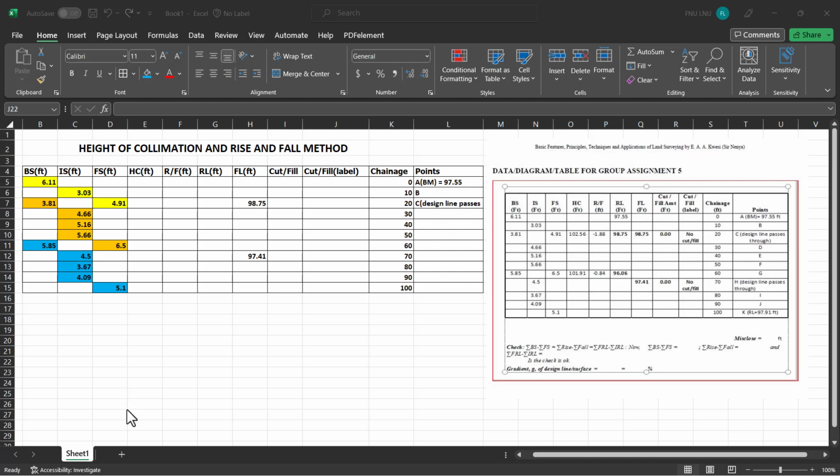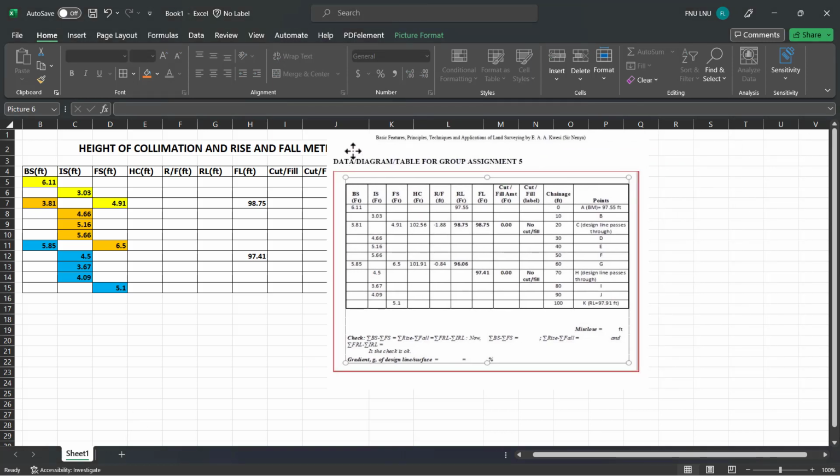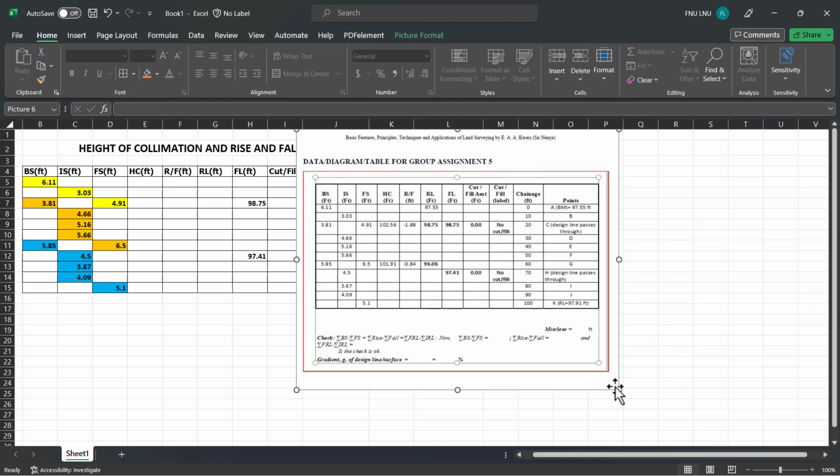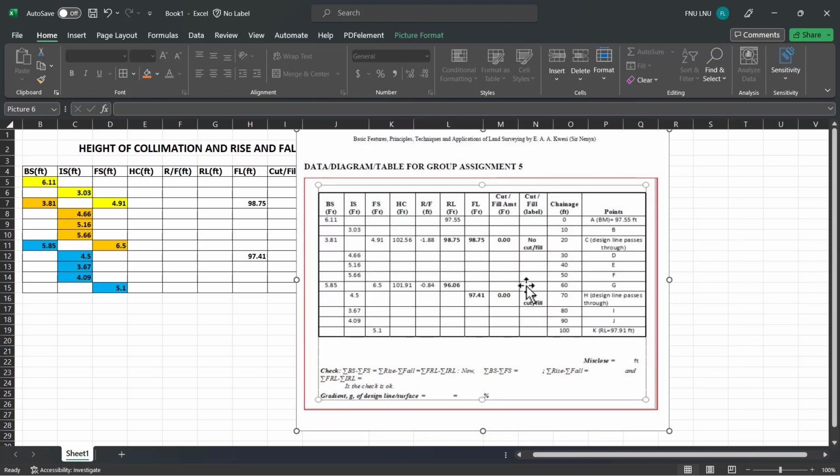Today we're going to go through how to solve this leveling question. You can see you have some columns here. This is not the usual leveling. I think this one combines both the height of collimation method and the rise and fall method.